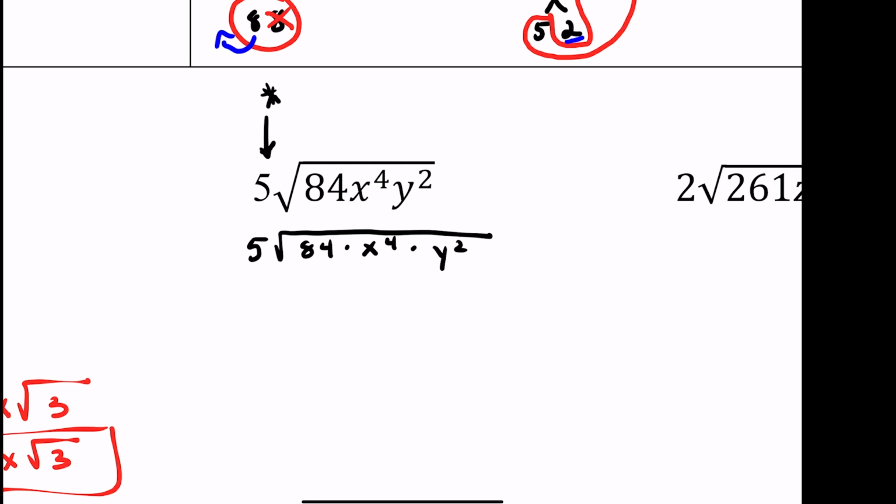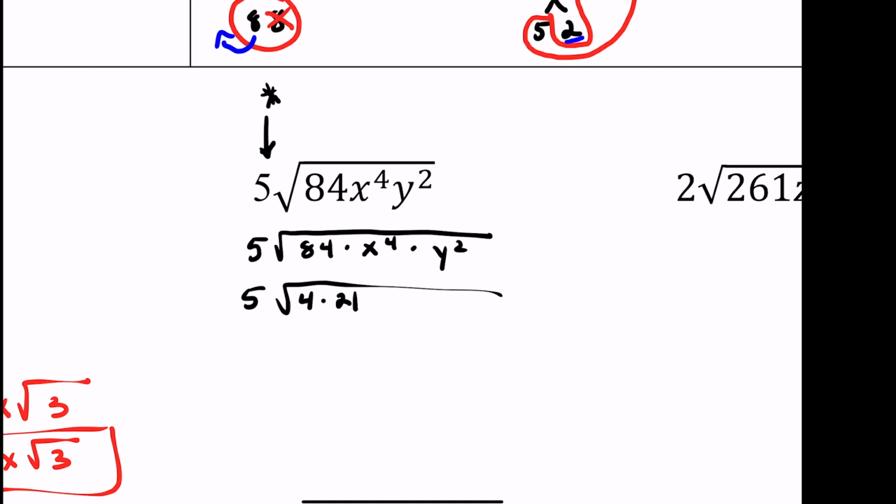All right? So here's the thing. I have 5 outside of the square root, and this 84 I can break down. I need to think of two numbers that multiply together that will give you 84, where one of the factors is a perfect square. And I'm thinking 4 and 21.